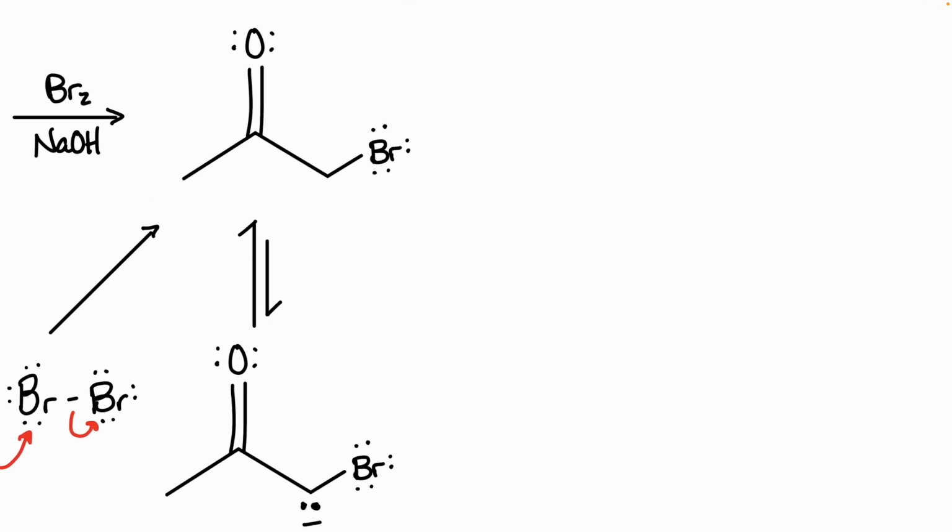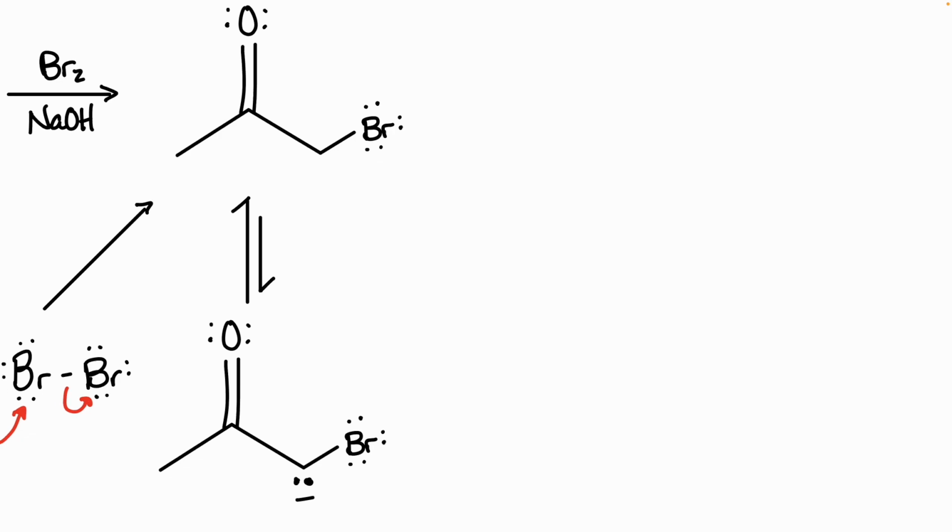So let's zoom in on this step and make a note that with Br on that alpha carbon, the enolate is even more stable. So it can react with another molecule of bromine.